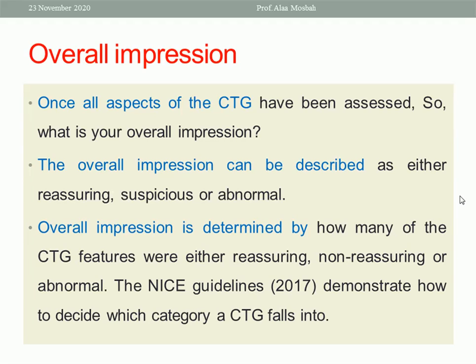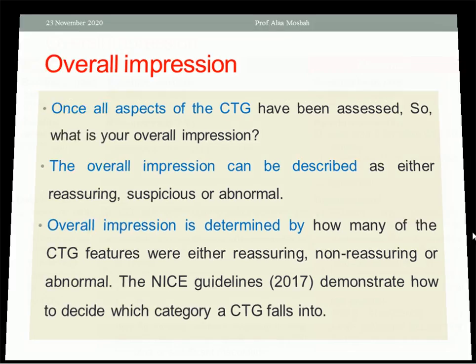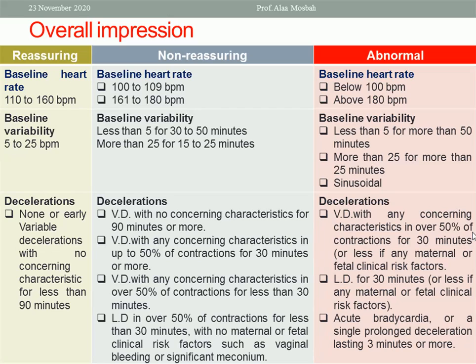The overall impression is determined by how many of the CTG features were either reassuring, non-reassuring, or abnormal. The NICE guidelines 2017 demonstrate how to decide which category a CTG falls into, as you see in this table.